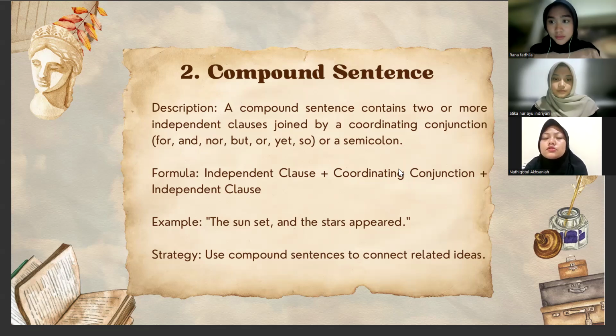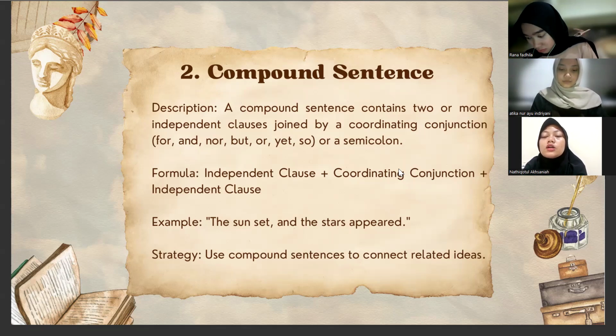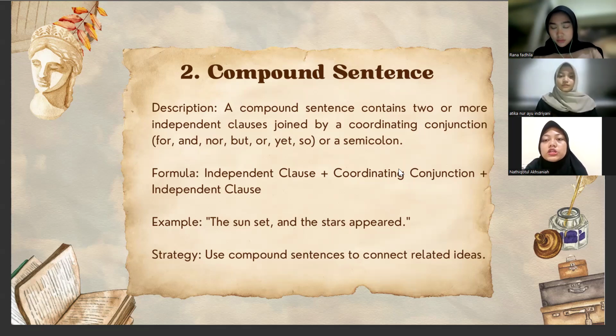If we use a coordinating conjunction, the example is: the sun set, and the stars appeared. These are two ways of connecting the two independent clauses, with the semicolon or with a coordinating conjunction. The strategy is to use compound sentences to connect related ideas.